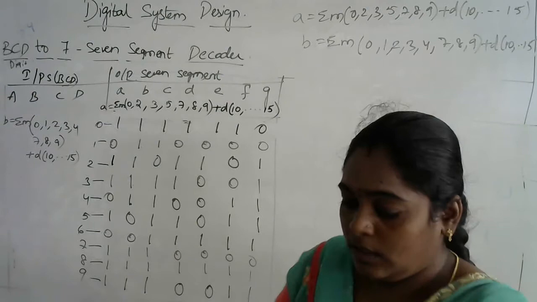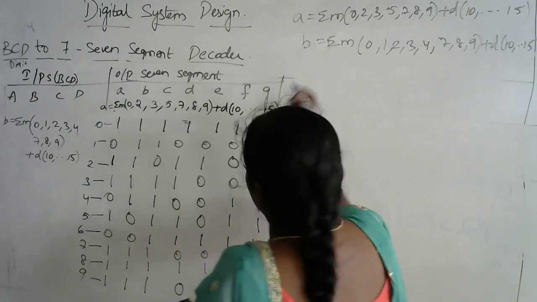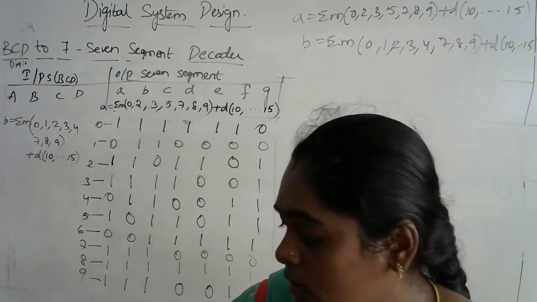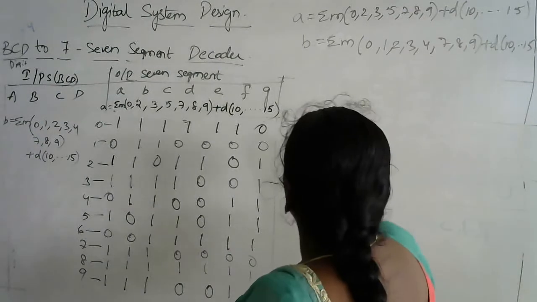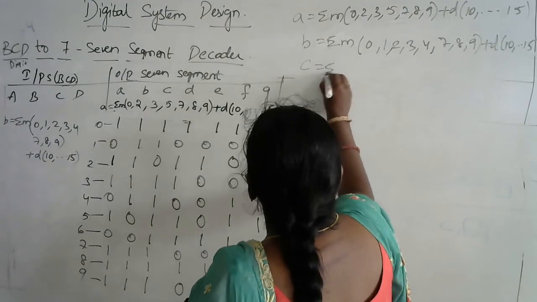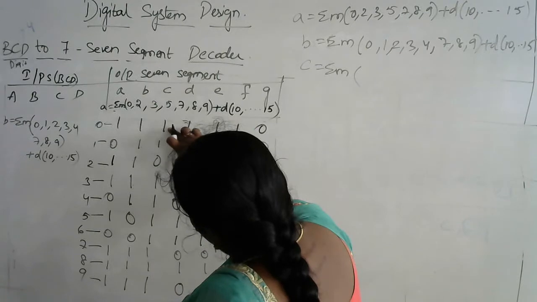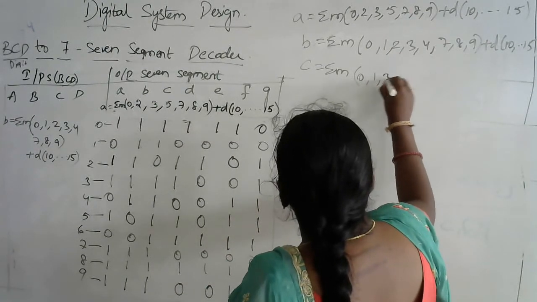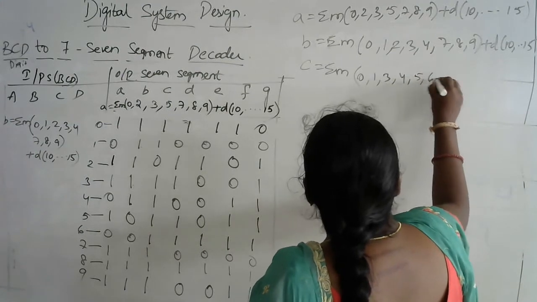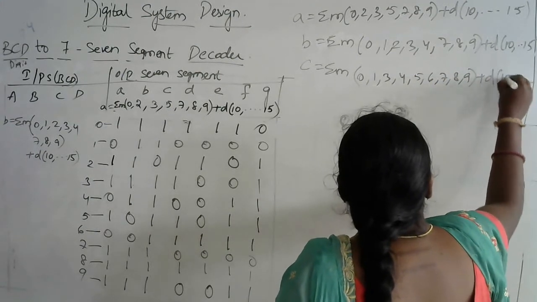And the third one is C. C is equivalent to sigma m of, just observe the C column. This is 0, 1 except 2, that is 0, 1, 3, 4, 5, 6, 7, 8, 9 plus d of 10 to 15.